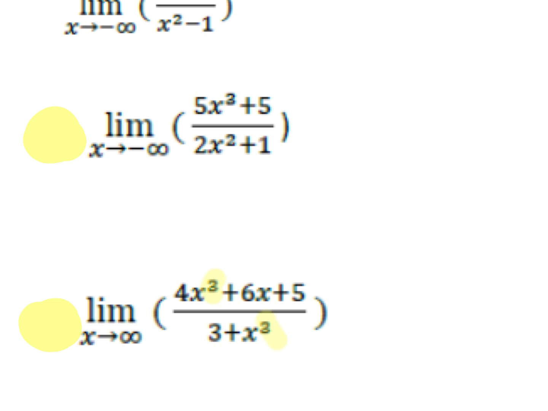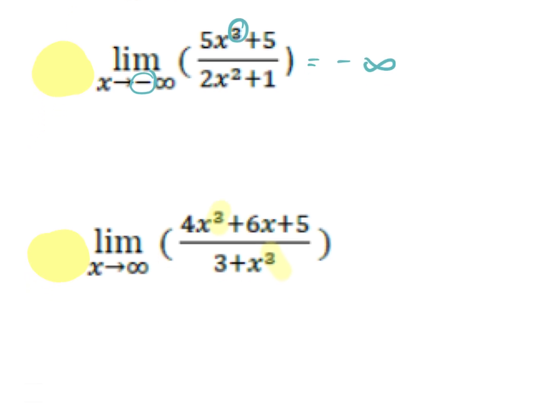All right, let's look at our limit question down here. So limit, if it goes to infinity or negative infinity, you're looking at the degrees of your numerator and your denominator. When the numerator is higher than the denominator, our limit's either going to go to infinity, or in this case, since it's negative here, our limit's going to go to negative infinity. If our degrees are the same, so for the next one right below it, they're both x to the third power, what do we look at?